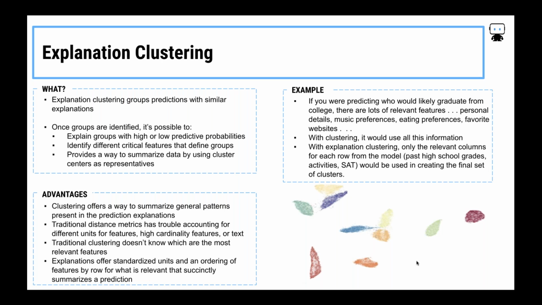Now, as Rajiv mentioned, this technique was born out of many efforts in parallel, one of which was simply noticing that these patterns often emerge when we looked at the explanations for an entire scoring data set. He showed that before with Nick's example. And we thought clustering was an effective way to summarize those patterns. It is easy to overlook, but Rajiv did mention this earlier: traditional distance metrics that are common in most clustering techniques have a very hard time with high dimensional things like text or even high cardinality categoricals.